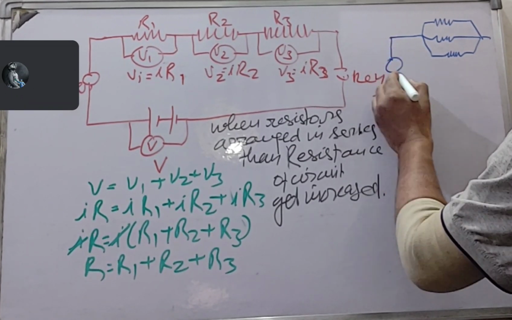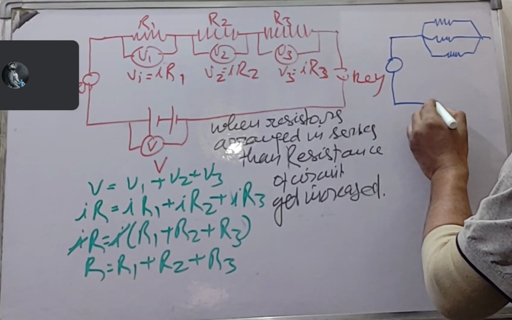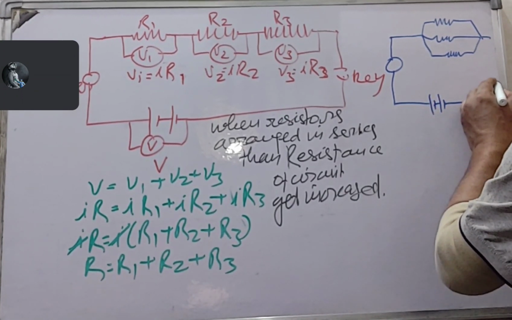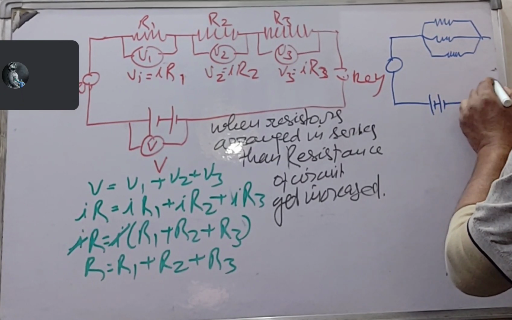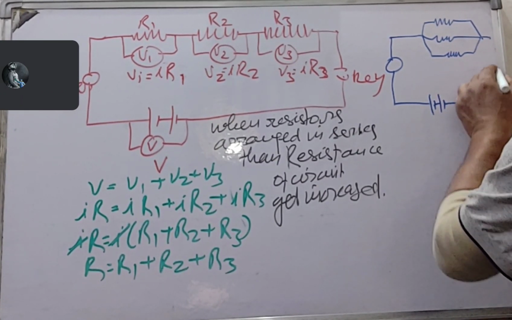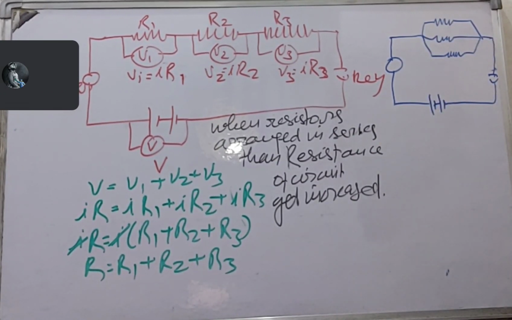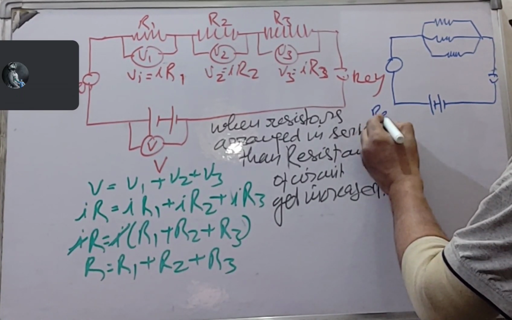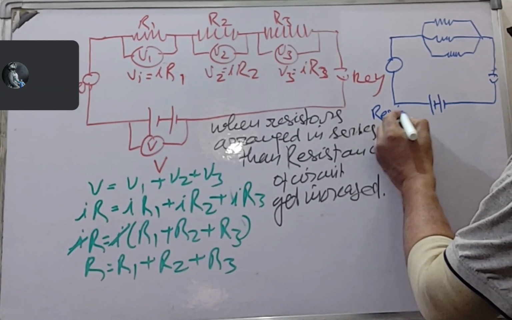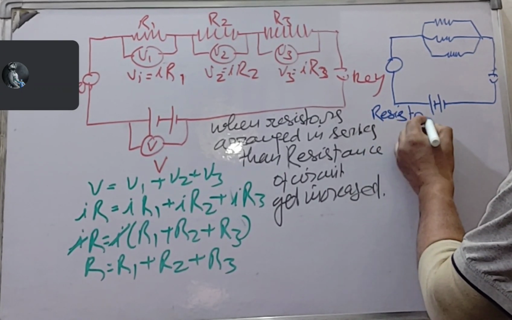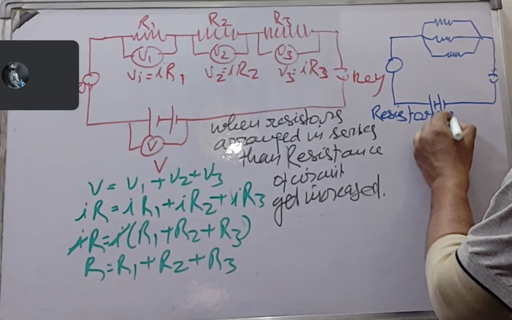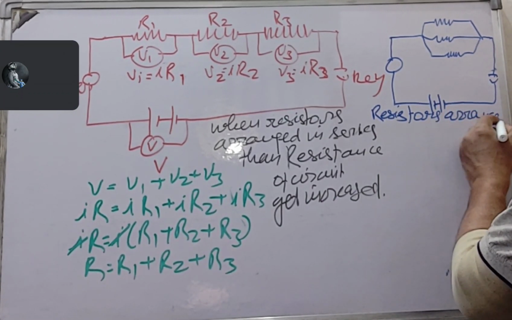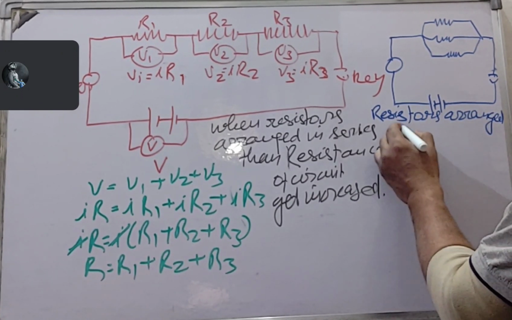This is ammeter, this is battery, and this is key, right? This is when resistors are arranged in parallel.